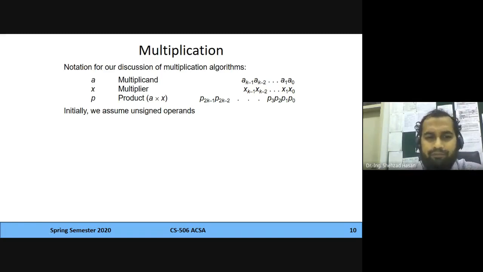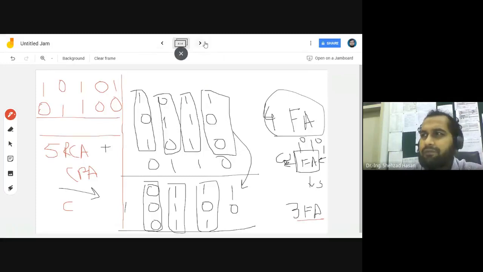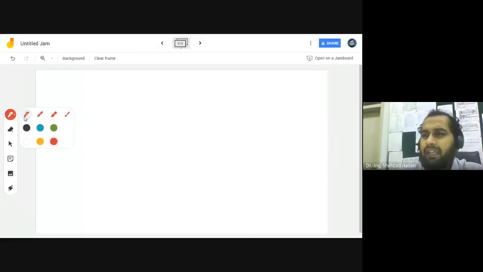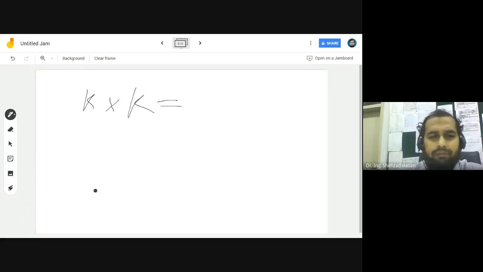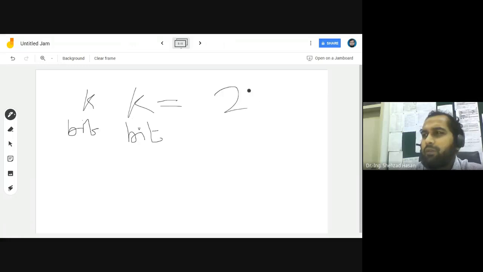So if we have k bits for the multiplicand and k bits for the multiplier, then the result would be in 2k bits.